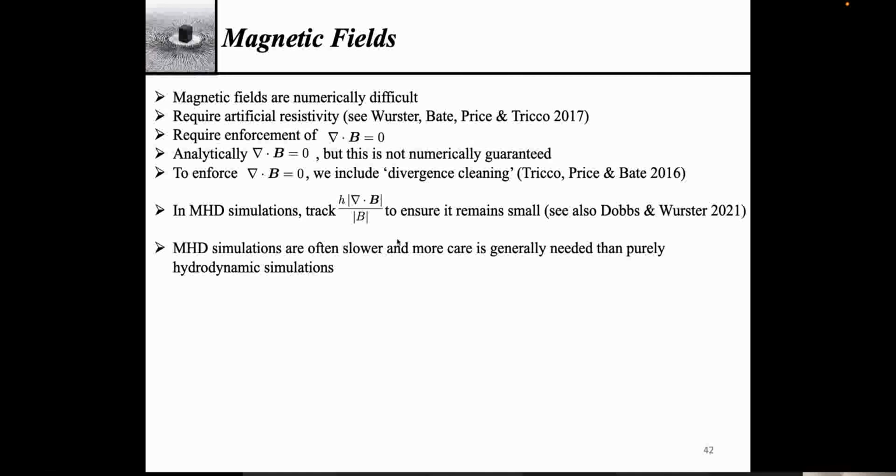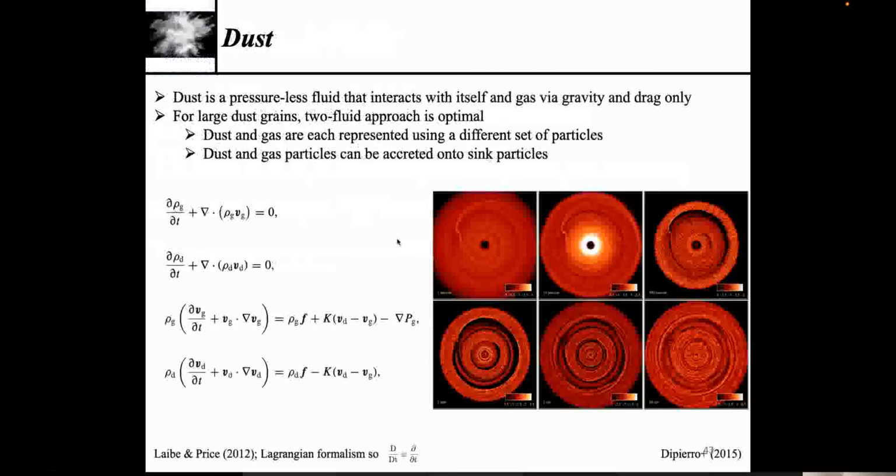Now, a lot of astrophysics, especially when dealing with young stars, exoplanets, and protoplanetary disks, has dust in there. And a lot of research lately has been trying to model and understand dust. So a lot of our codes can also now include and model dust. There are two ways to do this.